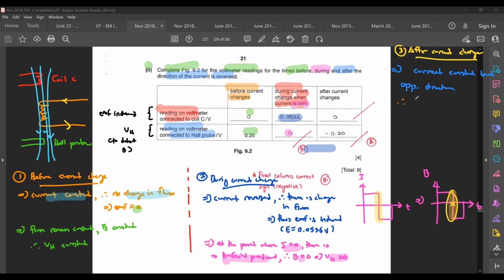Therefore, flux is in opposite direction, but there's no change in flux.